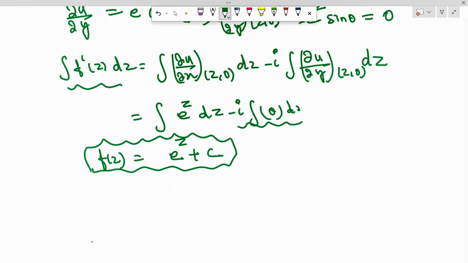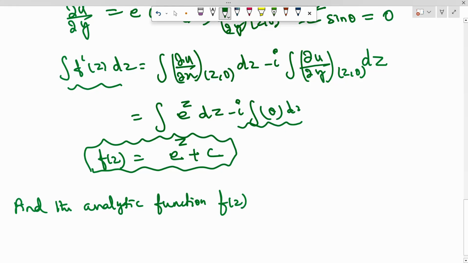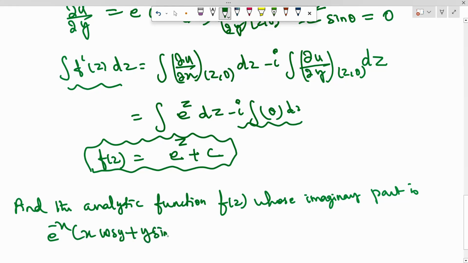Find the analytic function f of z whose imaginary part is e power minus x into x cos y plus y sin y.